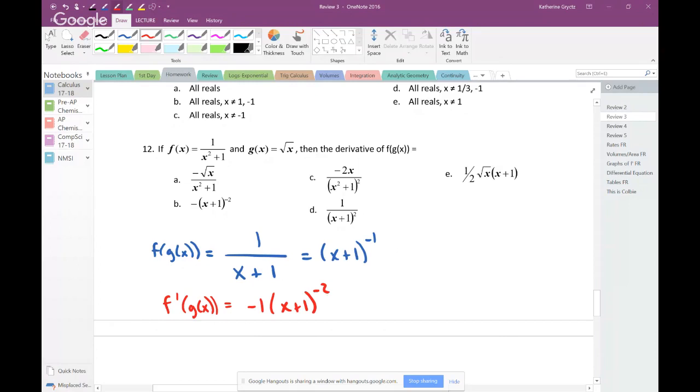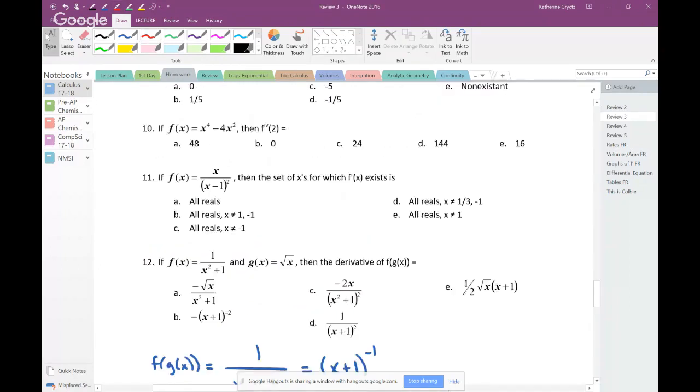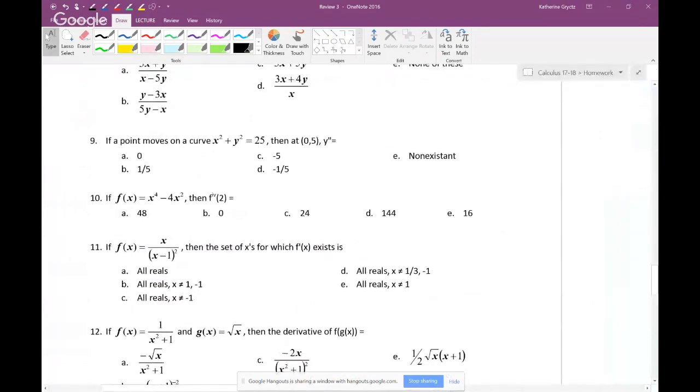The point moves on a curve. Wait. For 9? I think I'm overthinking it as well.